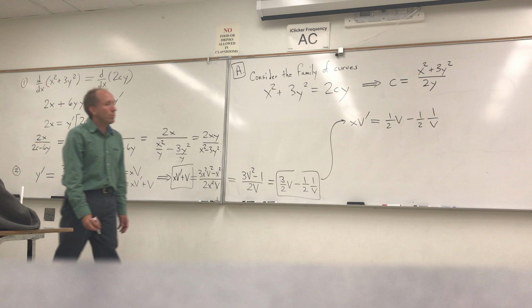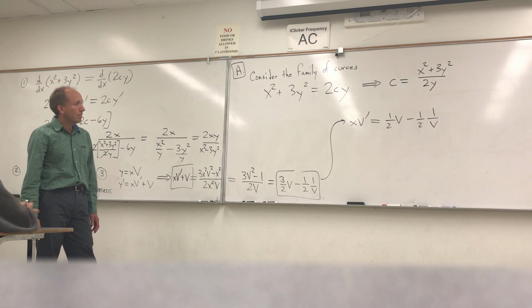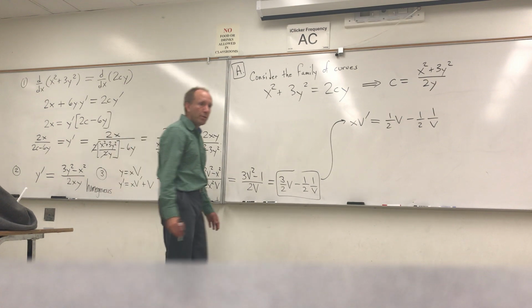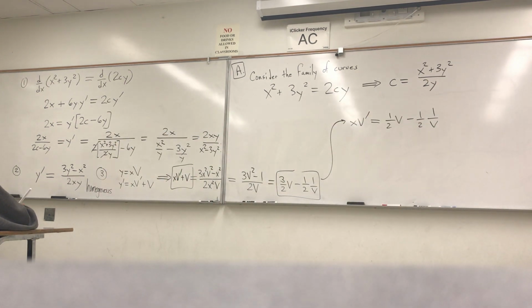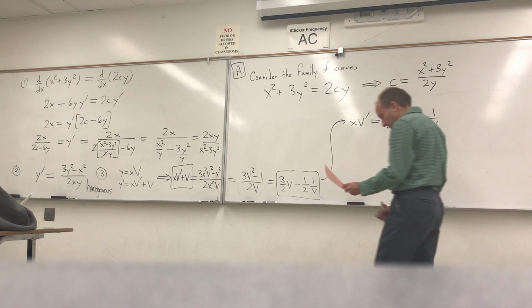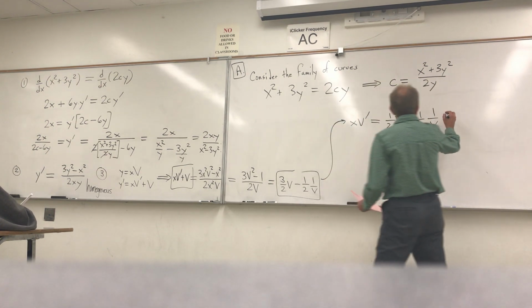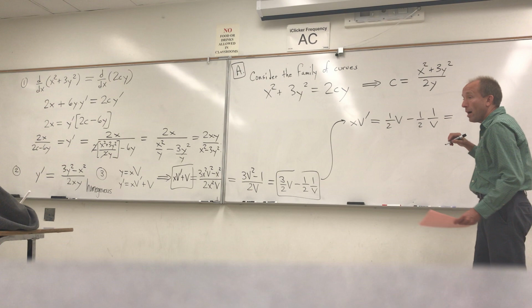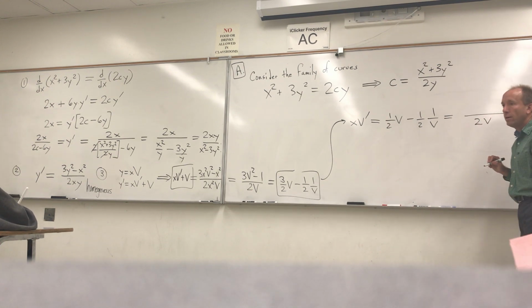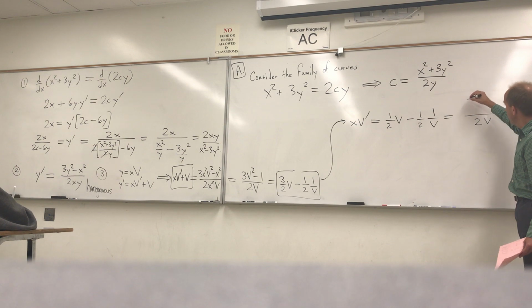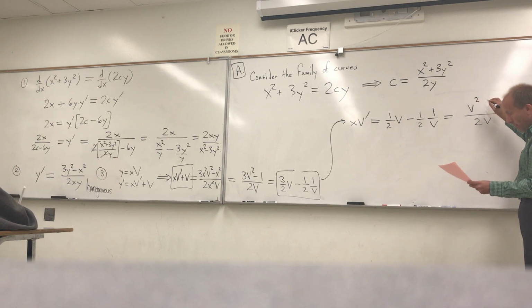And so this is what you're going to get. Are people with me so far? It's a little different than the way I must have done it before. Oh, that's okay. It's good enough. So this is actually, if we make a common denominator of 2v, we just end up with v squared minus 1.